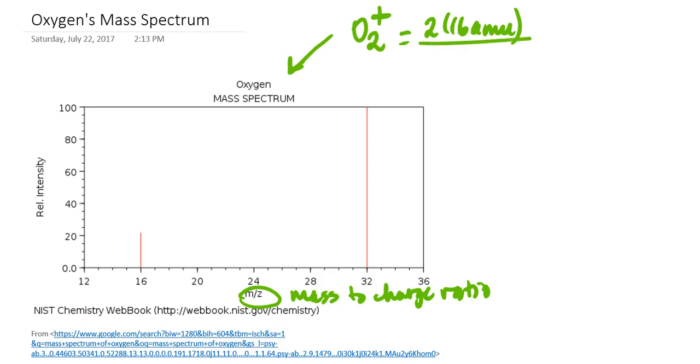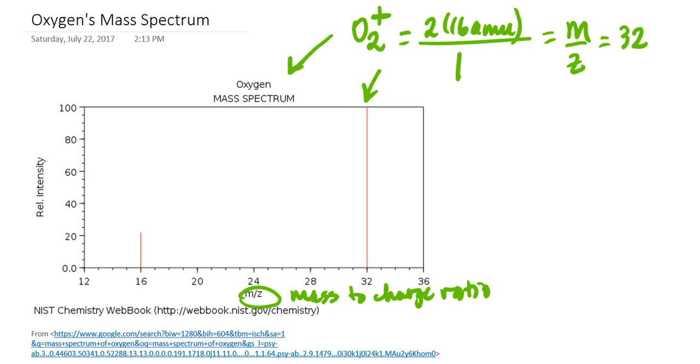And the charge, if we're looking at the mass to charge ratio, would be 1. So if I have a signal that corresponds to a cation of diatomic oxygen, then the mass to charge ratio should be 32. And I do have a large peak at 32.